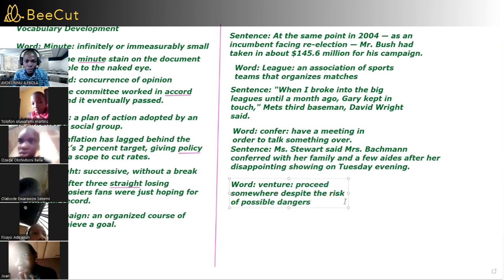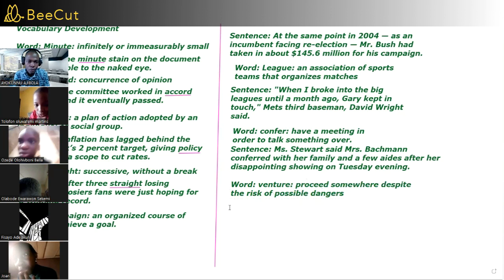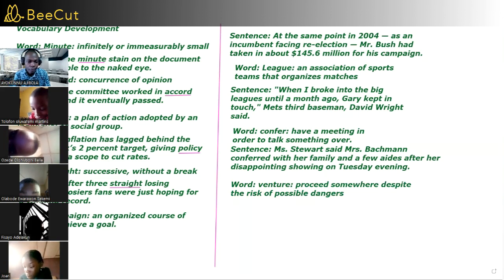It simply means to proceed somewhere despite the risk of possible dangers. To proceed somewhere despite the risk of possible danger. So, okay, that's from Femi.